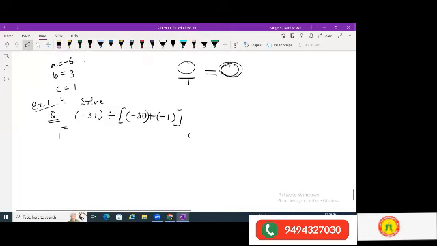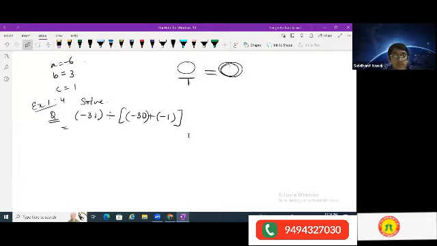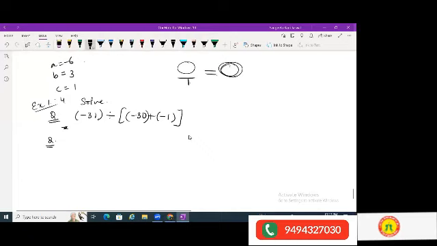First solve the brackets. Do you remember the BODMAS rule? You always solve the bracket first. Yes, ma'am. It's equal to 1. You got your answer? It's equal to 1? Yes, ma'am. Okay, children, do the next.